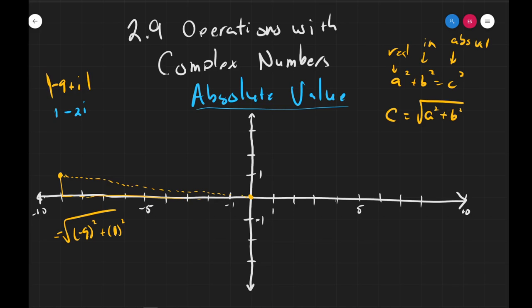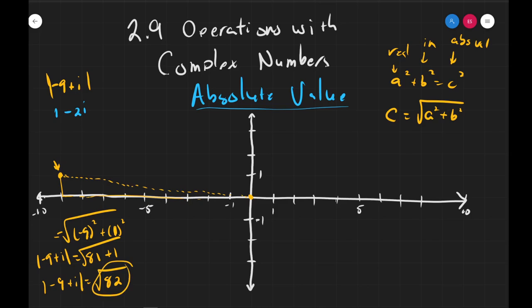Negative 9 squared is 81, and 1 squared is 1. So the absolute value of negative 9 plus i is equal to the square root of 82, which is our distance from our point negative 9 plus i to our origin. There's our distance from one to the other.